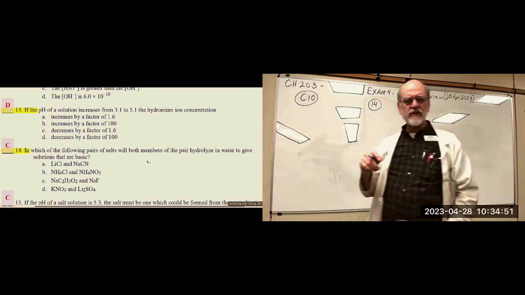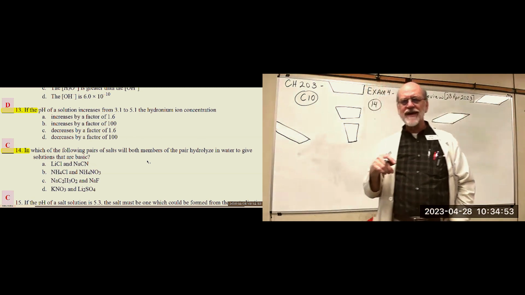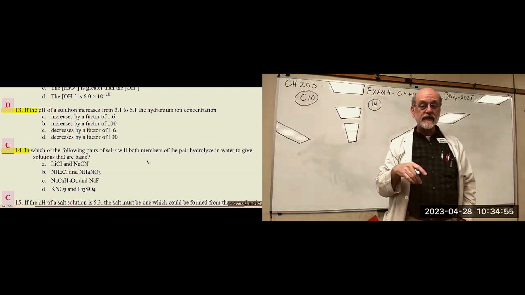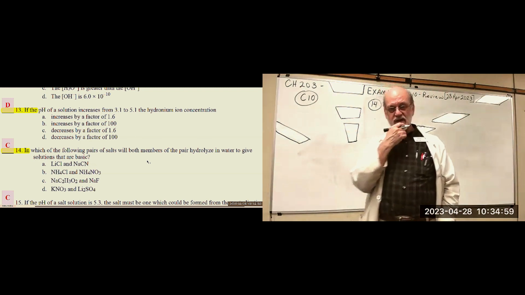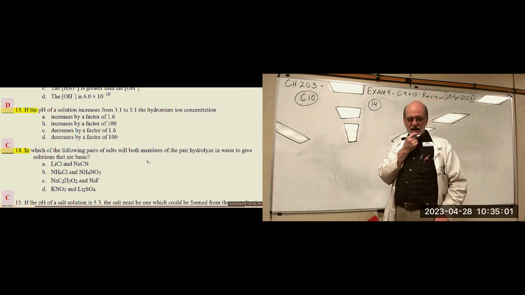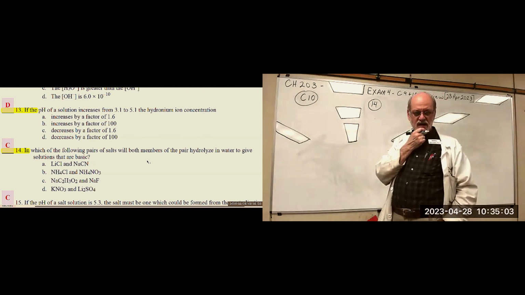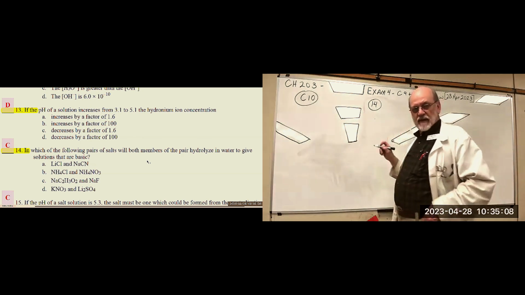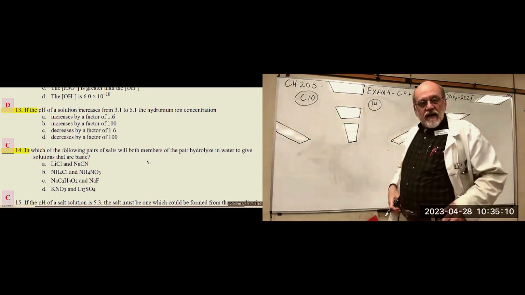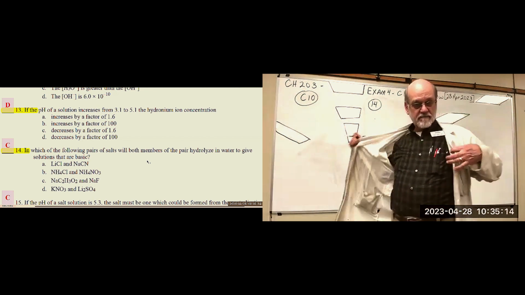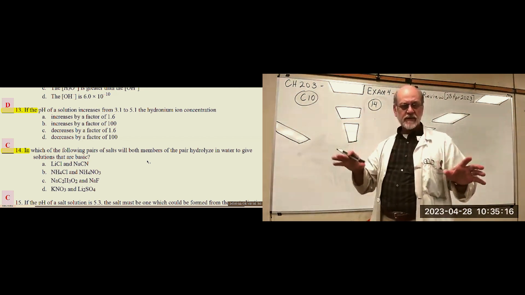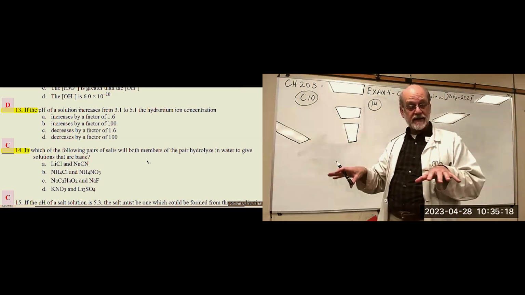In which of the following pairs of salts will both members of the pair hydrolyze in water to give solutions that are basic? These are all salts. They're combinations of cations and anions.